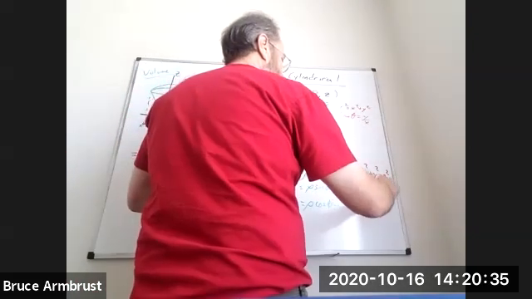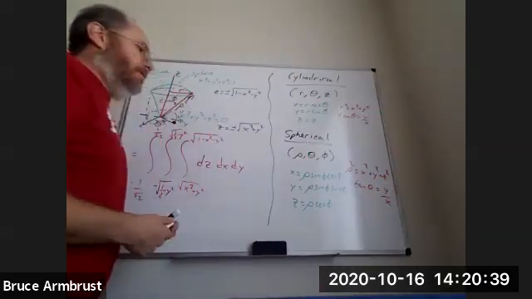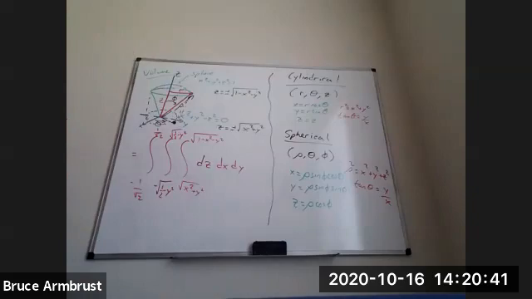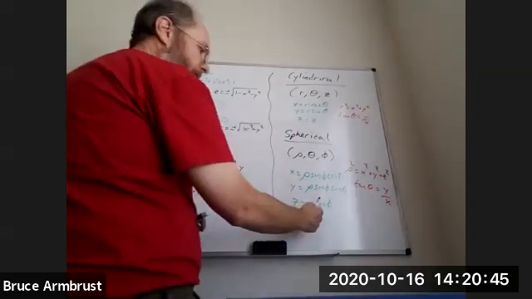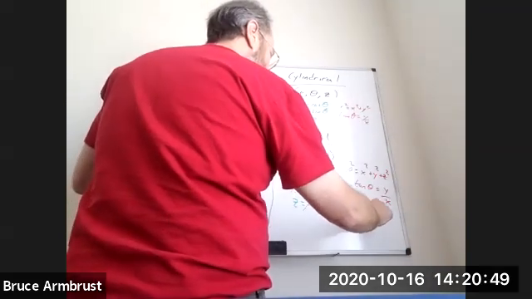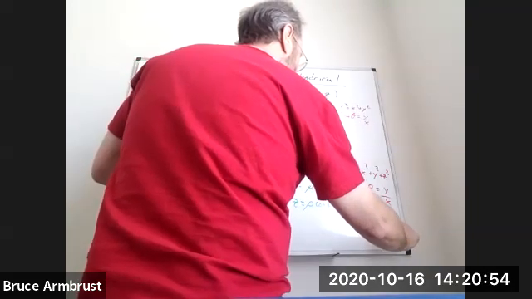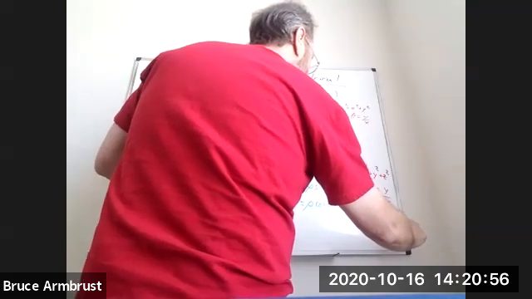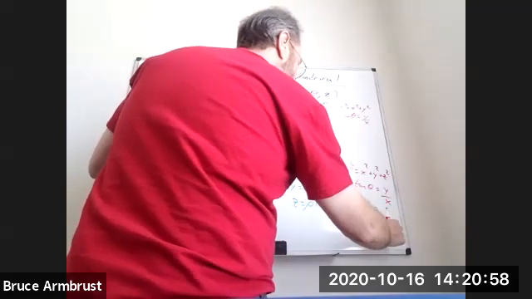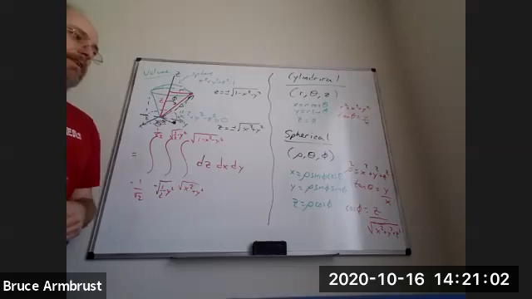So tangent of theta is equal to y over x. And then for phi, the easiest way to do this is to use this last one, and you get that the cosine of phi is equal to z over rho. So the cosine of phi is equal to z over the square root of x squared plus y squared plus z squared.